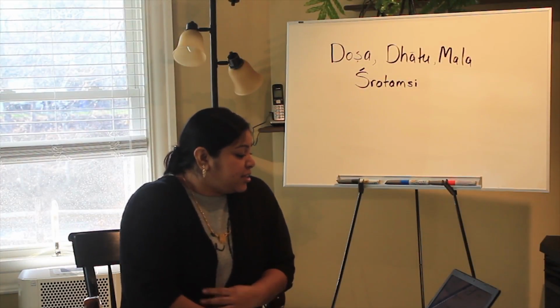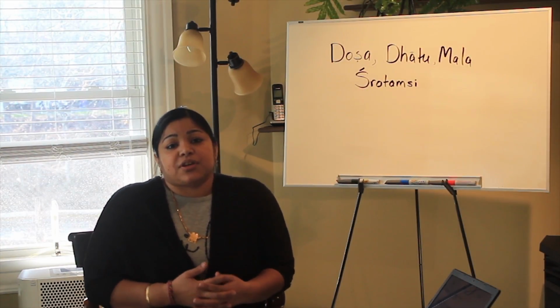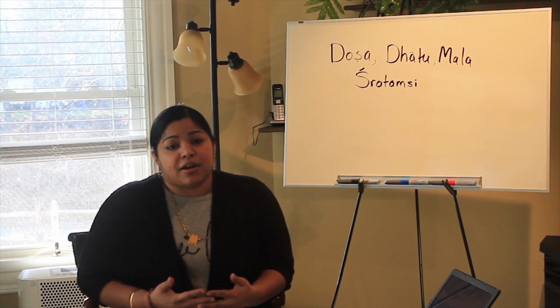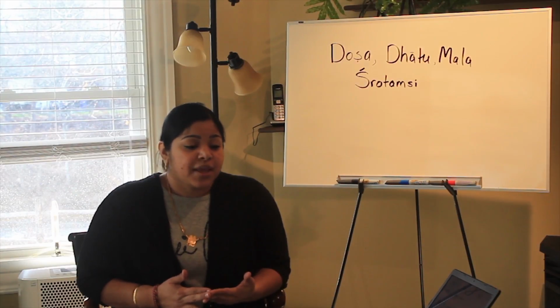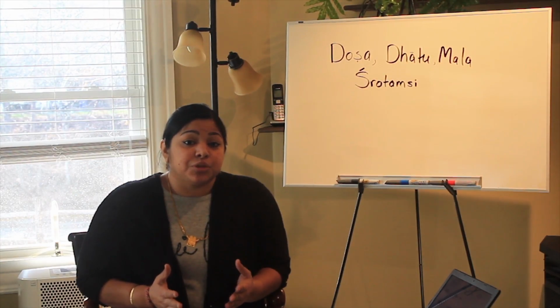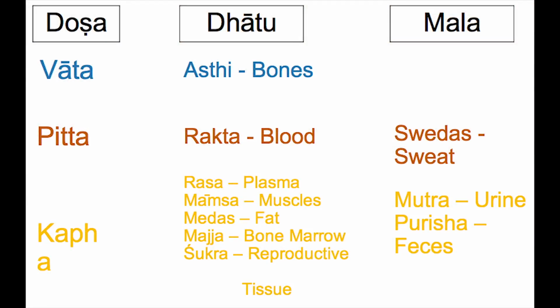So next we look at the dhatus. There are 7 dhatus which you all know: Rasa, Rakta, Mamsa, Meda, Asti, Majja, and Shukra. There's a very close relationship between the doshas and the dhatus, and also the doshas and the malas. Remember, the doshas are like energies. They are capable of carrying out certain functions, whereas the dhatus and the malas represent the actual structures, the different layers in the body, and the malas are the output.